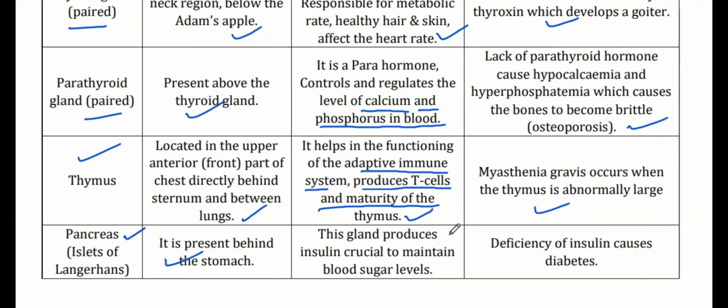These glands produce insulin, crucial to maintain blood sugar level. If it is not according to the requirement of the body, deficiency of insulin causes diabetes. Diabetic you can say, diabetes you can say, as you wish, right?